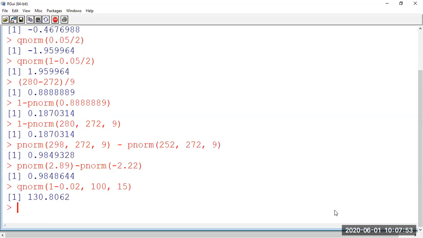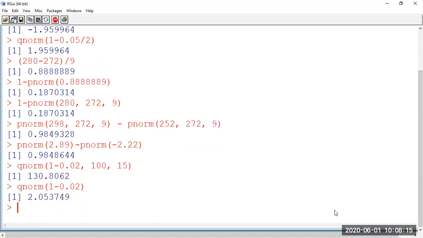When you use this way, you're going to get directly 130.8062. Now, if you use the other way, we're going to find first the z-score, which is 1 minus 0.02.